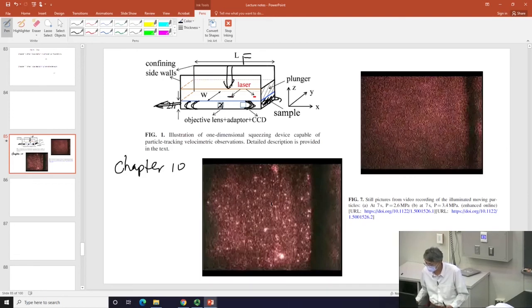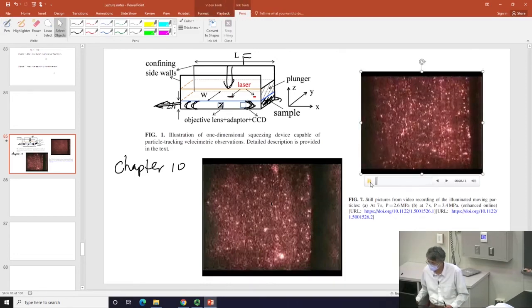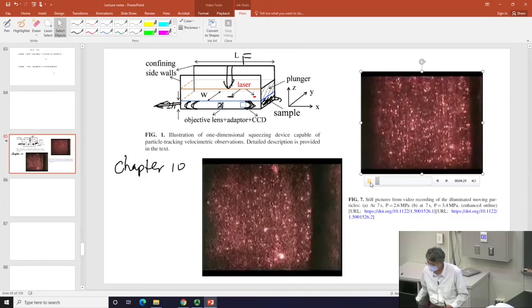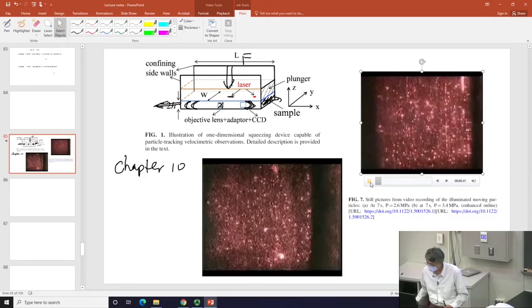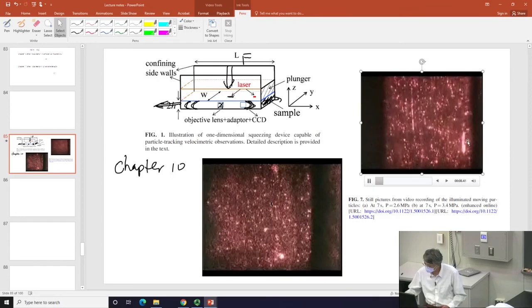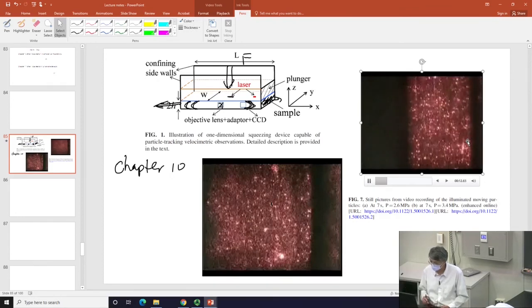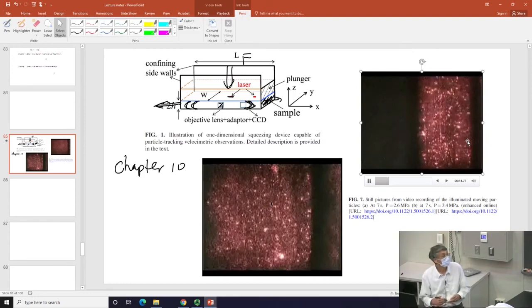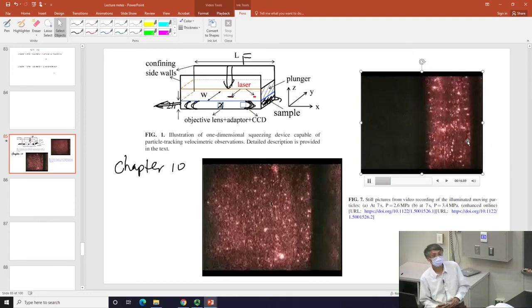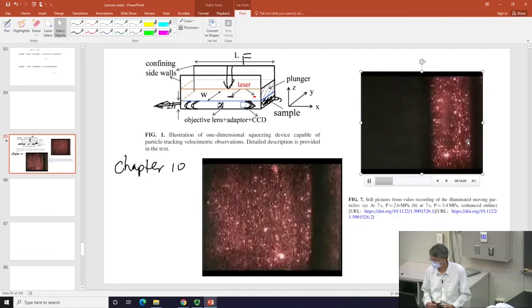And then you just watch how the material undergoes squeezing. Okay, you can see that the side is moving faster than the middle, which clearly is a symptom of something failing, if that's happening like that.